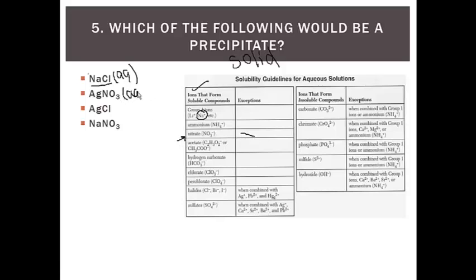So this would be aqueous. Sodium, again, we have sodium and nitrate here, so that's going to be aqueous. So if we look down here, halides are always soluble unless I have silver. So that's going to be my solid or my precipitate. Silver chloride. Silver's tricky. Remember, it's hiding out with the transition metals, but it actually has a charge of +1 always, so it's not really a transition metal.